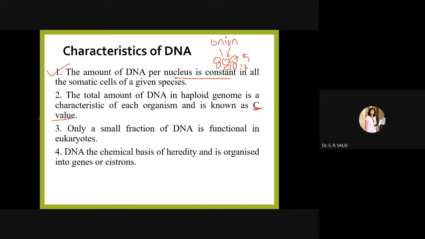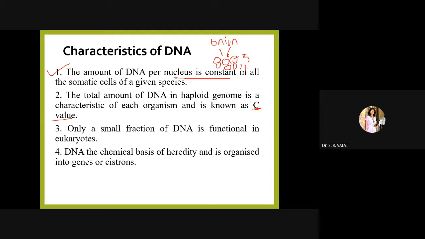The C value is the constant or characteristic value of haploid DNA content per nucleus, right? So half the amount of diploid somatic cells in a eukaryotic organism, or the haploid DNA content per nucleus, is called what?